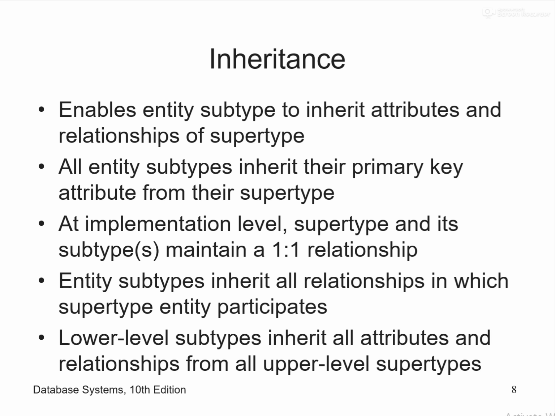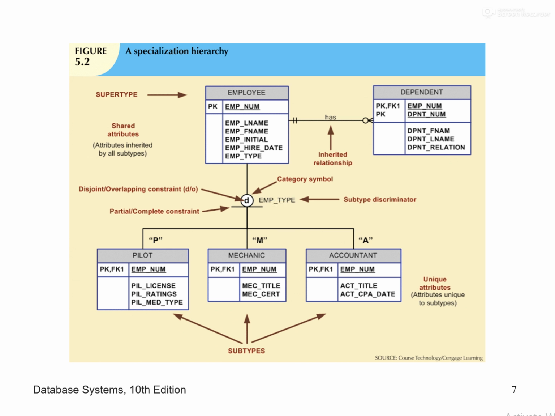But then they have their own unique attributes. Like pilot has its own unique attributes which are not present in mechanic and accountant. Like pilot has unique attributes like license, rating, and medical type, as you can see here in this diagram. Now these attributes, last name, first name, initial, hire date and type, these are the attributes which are common for all of the subtypes. Like what are the attributes of entity pilot?